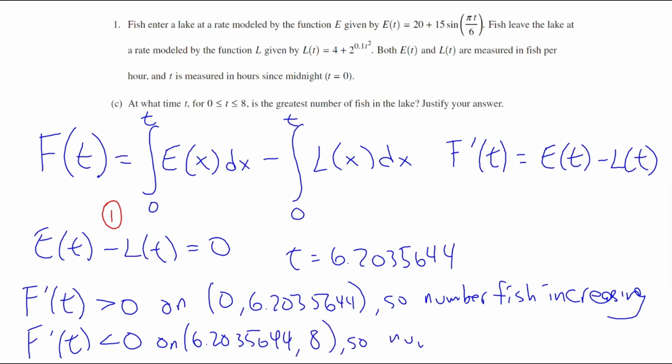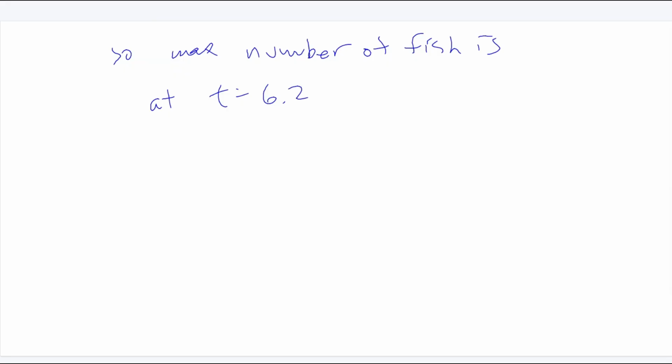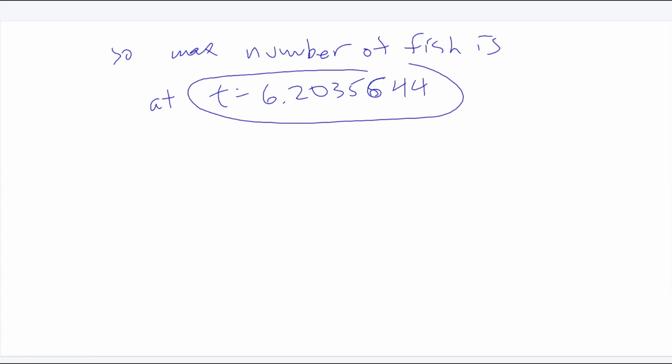So the number of fish is decreasing. Therefore, the max must have been at 6.2035644. So we'll say the max number of fish is at t equals 6.2035644. And that is our answer.